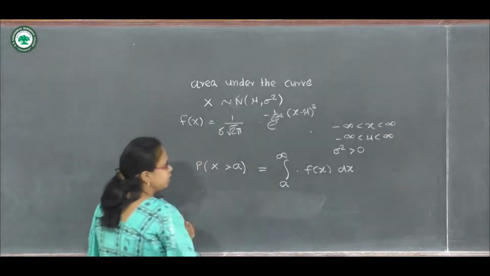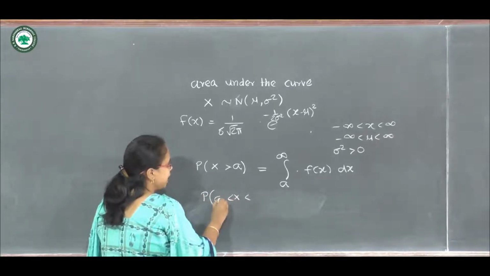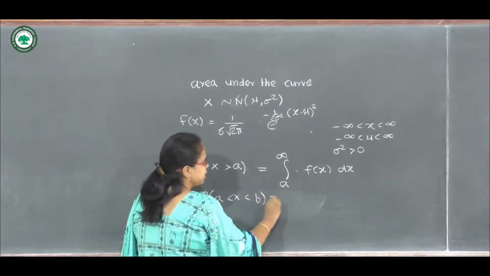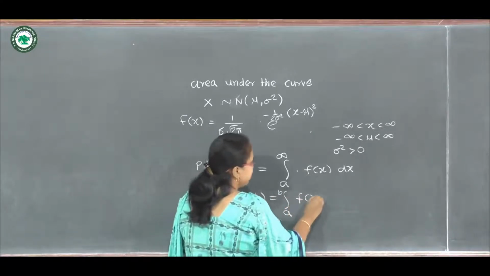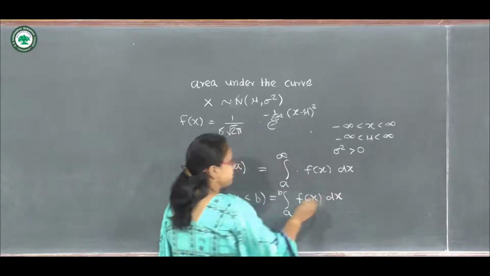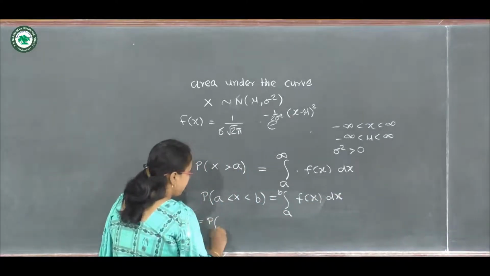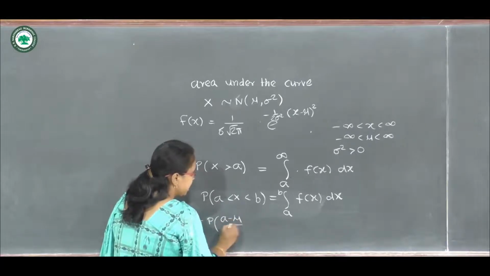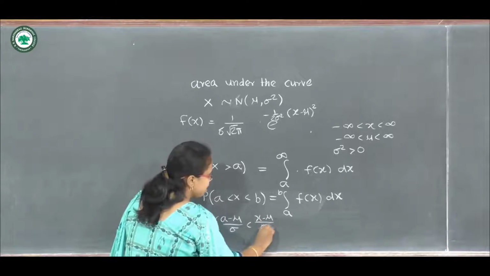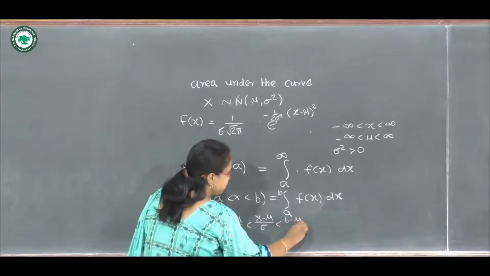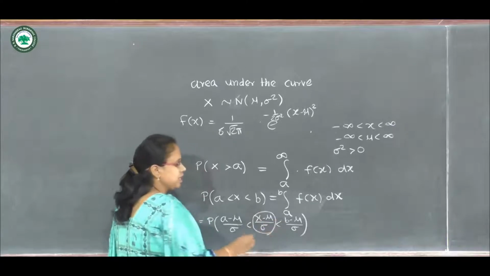Similarly, if we want to obtain probability of x lies between a and b, then this is the formula: integration a to b f of x dx. So similarly, we have to first convert these probabilities. This is a minus mu upon sigma, x minus mu upon sigma, and this is b minus mu upon sigma. Then the central part is z.